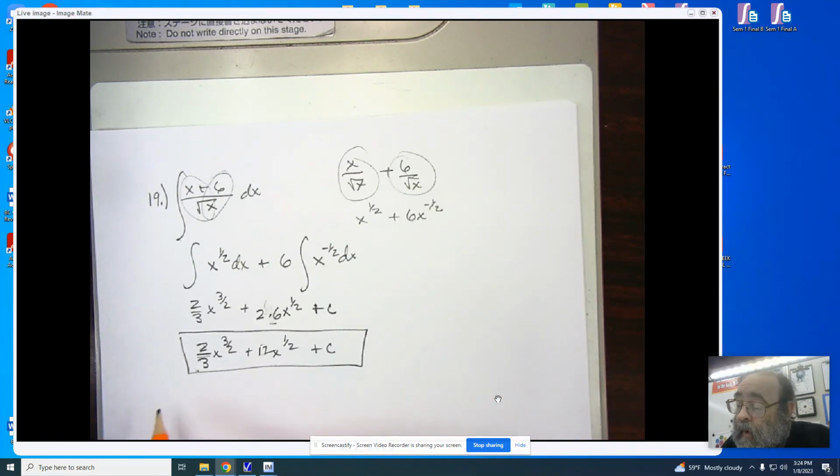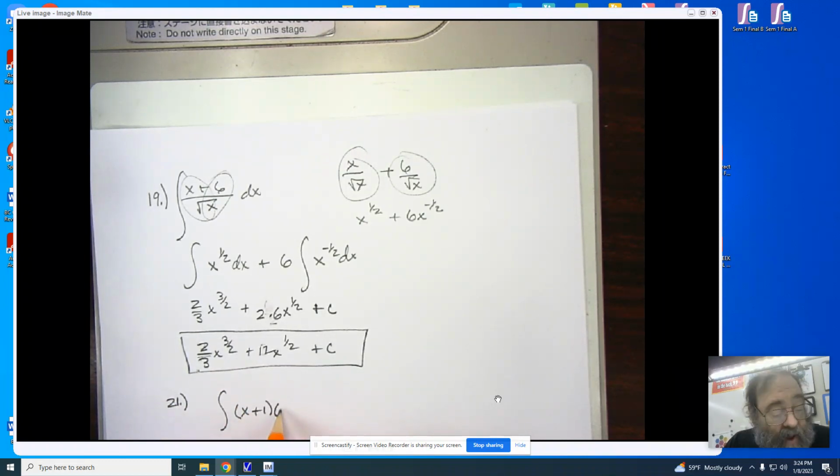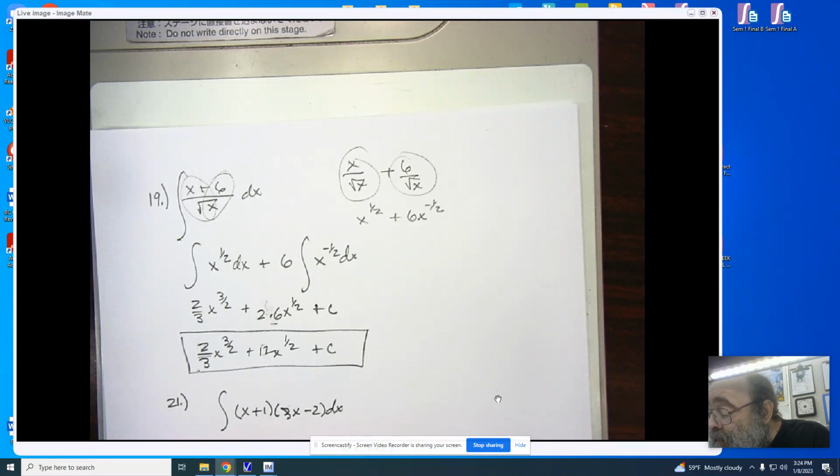Now, the final one that I wanted to take a look at is number 21. And number 21 is simply showing that you have to simplify first. You have to multiply in order to do this. So we're going to do that first. This is giving us 3x squared. We have plus 3x. We have a minus 2x and a minus 2.